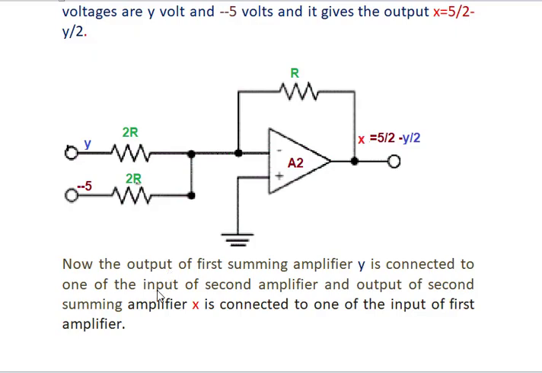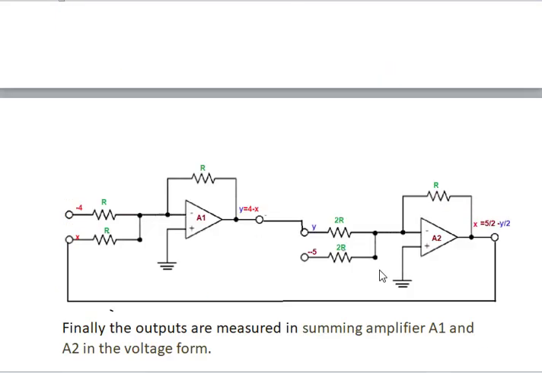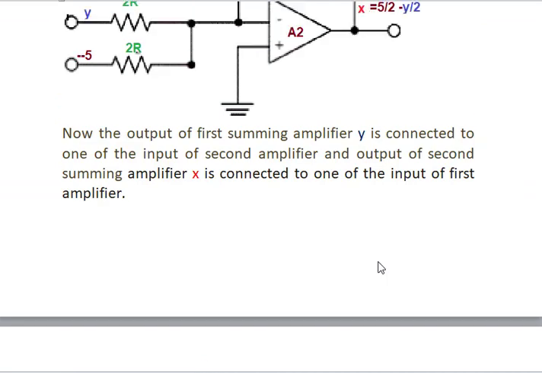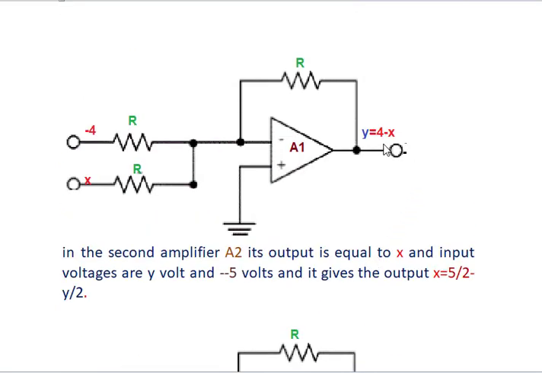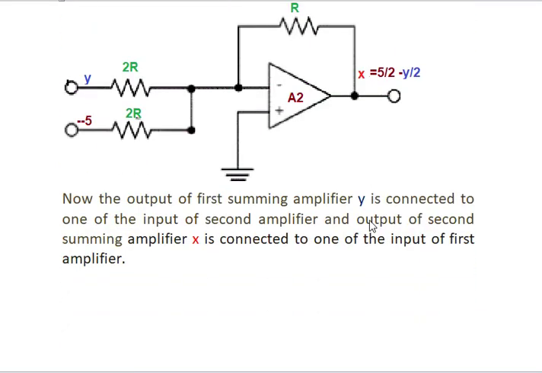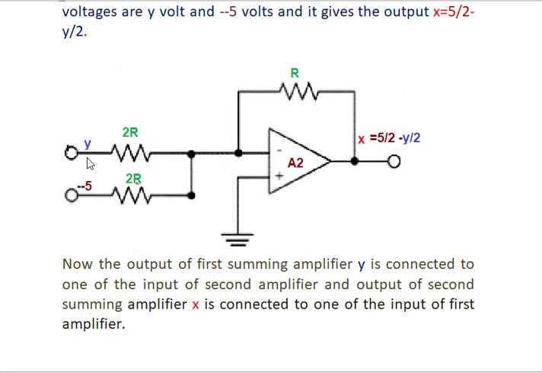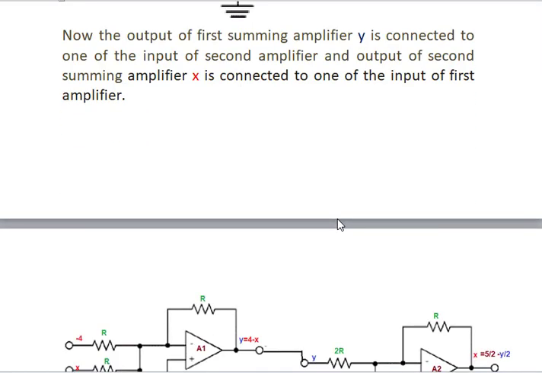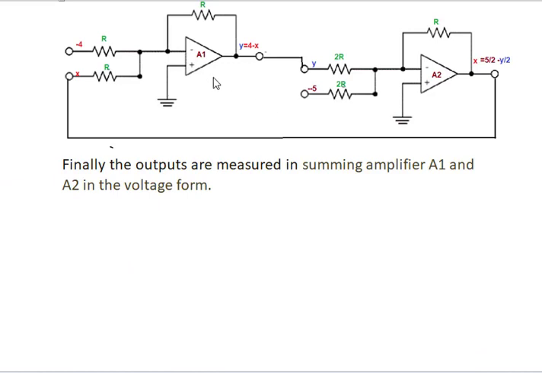Now, the output of the first summing amplifier Y is connected to one of the inputs of the second amplifier. So here Y is connected to here. Now the output of the second summing amplifier X is connected to one of the inputs of the first amplifier. It is shown here.